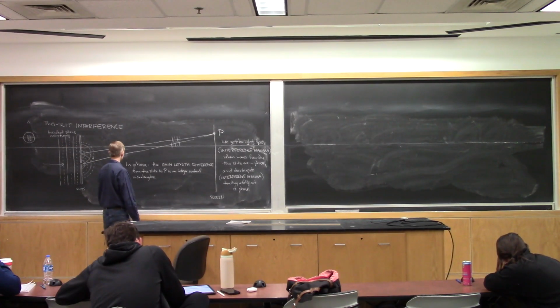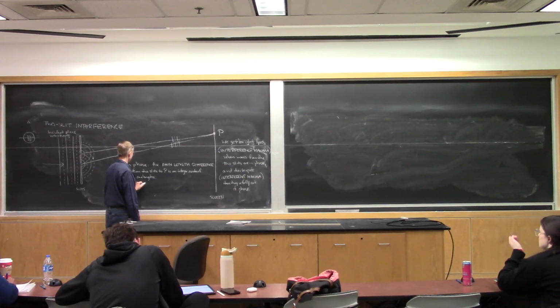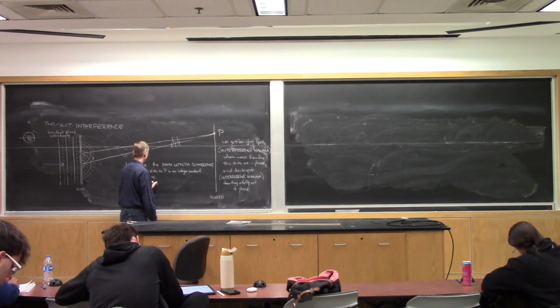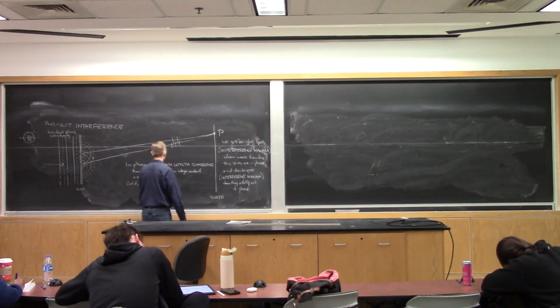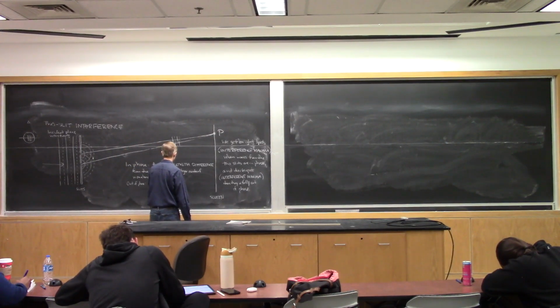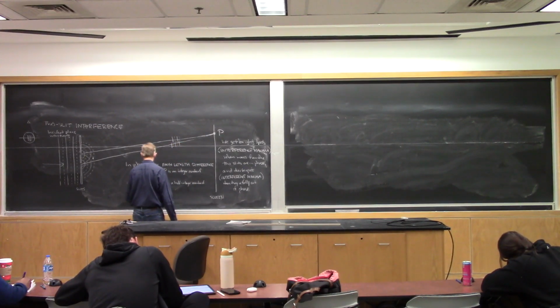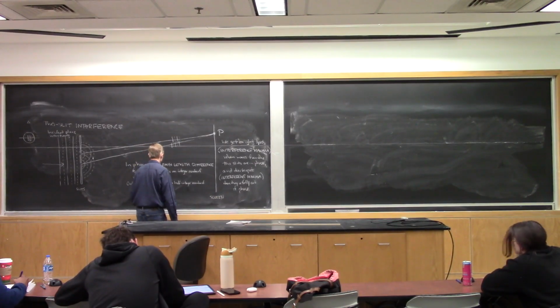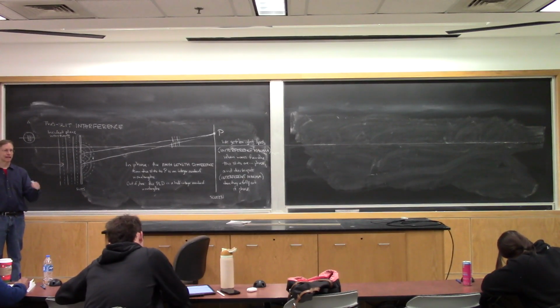Out of phase: I'm just going to say the PLD, the path length difference, is a half integer number of wavelengths. In physics, a half integer is 1/2, 3/2, 5/2.